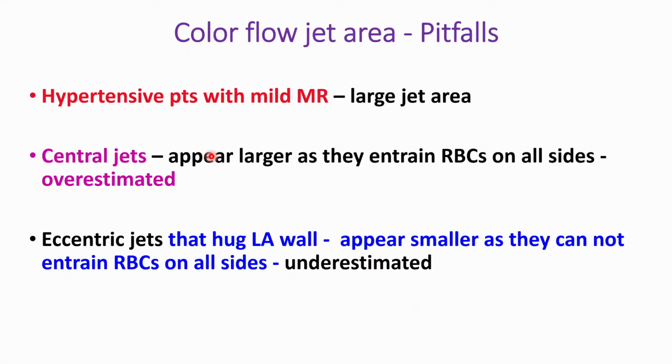Whenever there is a central jet, there will be entrainment of the RBCs, and it may falsely appear more severe. Whenever there is an eccentric jet, because of the wall hugging effect, it may be underestimated if we just look at the jet area.